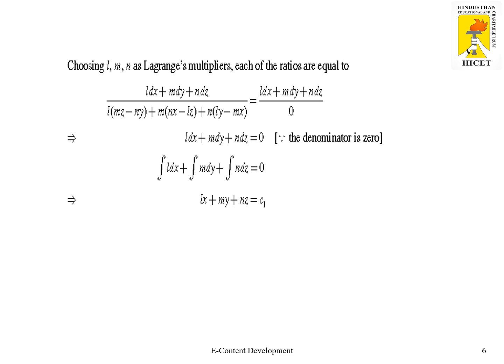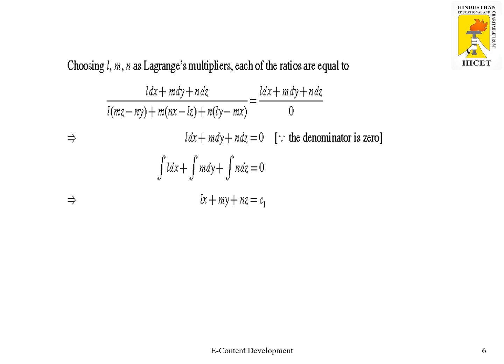Okay, we have to find out the Lagrange's multipliers. Here let us try l, m, n. In the numerator and denominator, in the first ratio you multiply by l, the second by m and the third by n. Add it, we'll get l dx plus m dy plus n dz divided by 0.